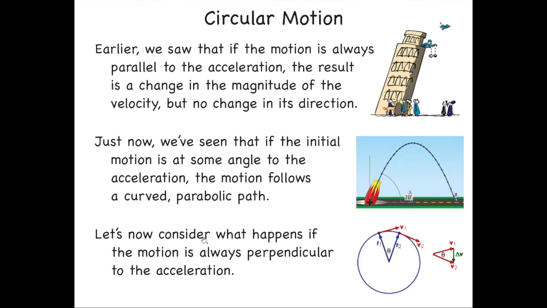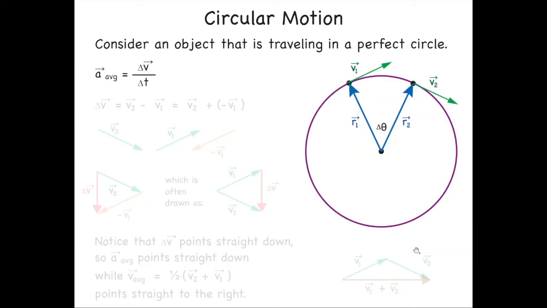So we're going to consider a case now where we set it up so that the motion is always perpendicular to the acceleration. We've looked at always parallel to the acceleration, we've looked at various angles, and now we're going to take the other special case of motion that is always perpendicular to the acceleration.